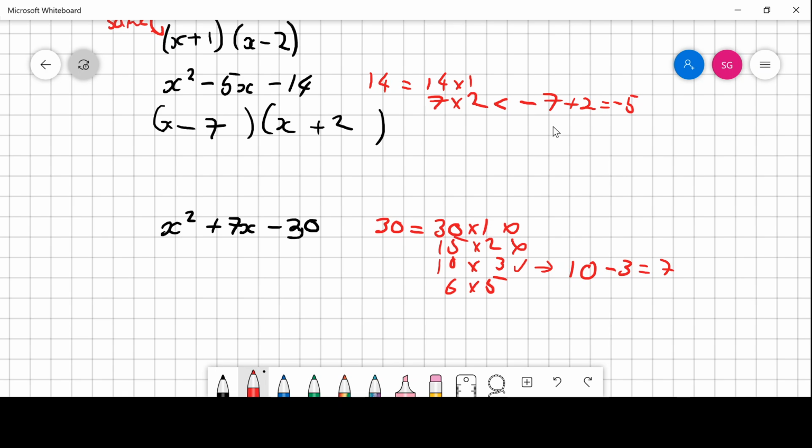All you need to know for that is, if the second term is negative and the last term is negative, then they're different signs, but the larger one is negative. If the second part is positive and the last part is negative, you know that they are different signs, but the larger part is positive.